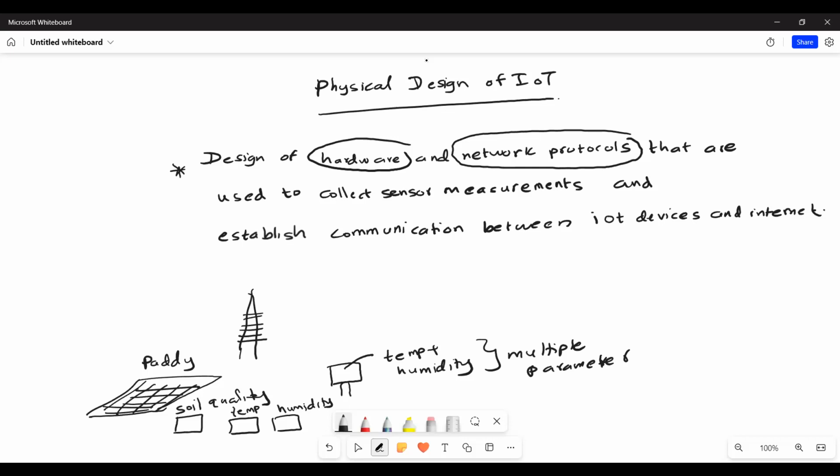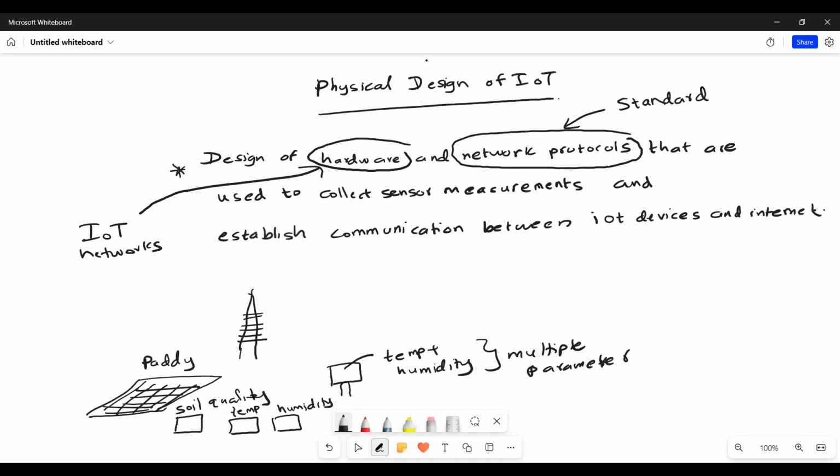So we'll be talking about the different hardware that we normally use for IoT physical design or in IoT networks. And we are going to be talking about the protocols, or we call them standards, right?